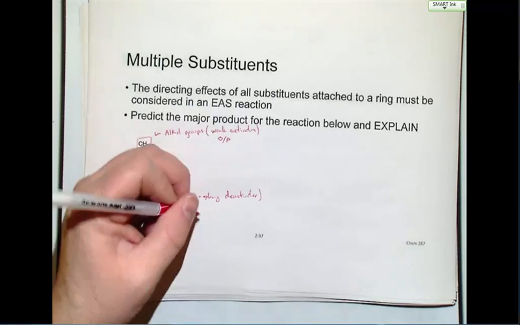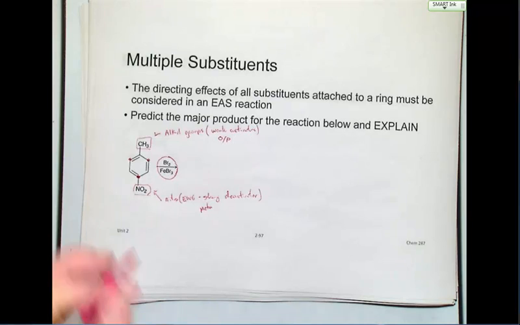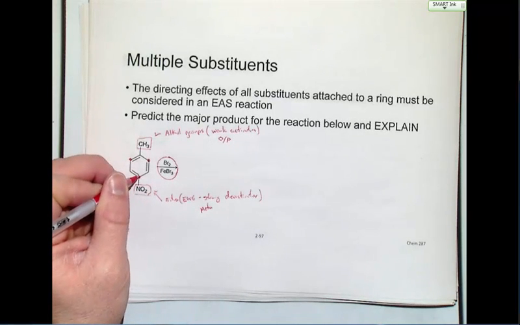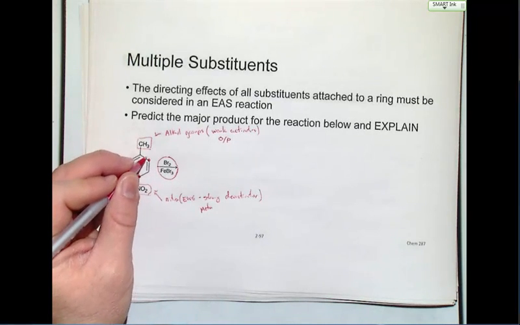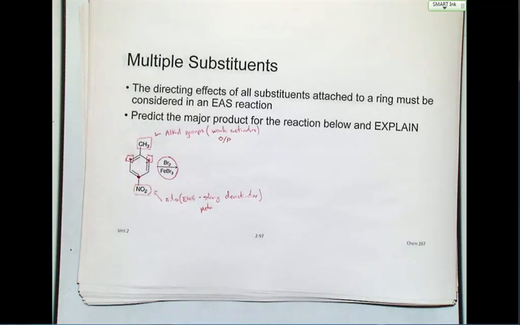And it's also a meta-director. So where it's pointing to is not ortho-para, but the meta positions, which are here. So the only place really where this bromine can go, logically, is ortho to the methyl group, right? Or meta to the nitro, which is the same thing.